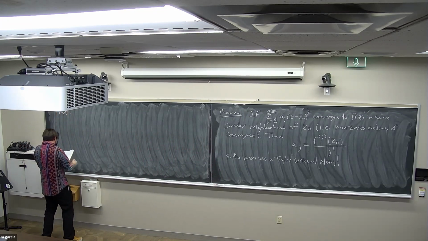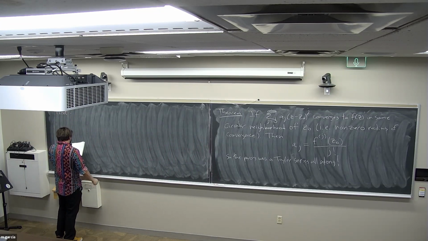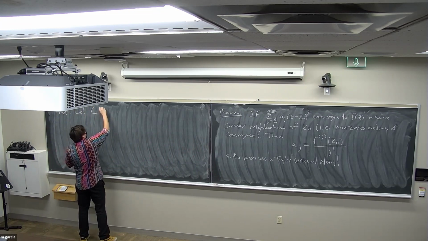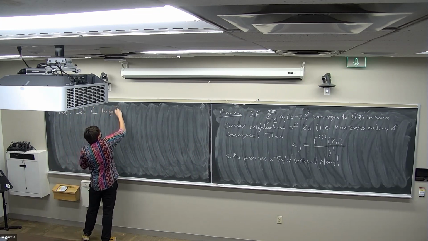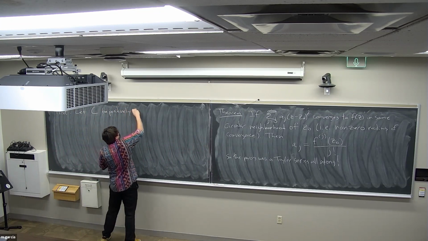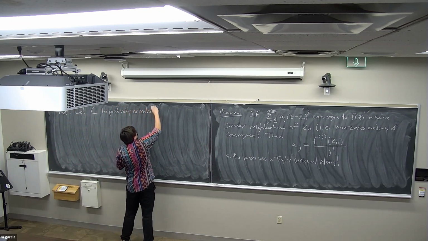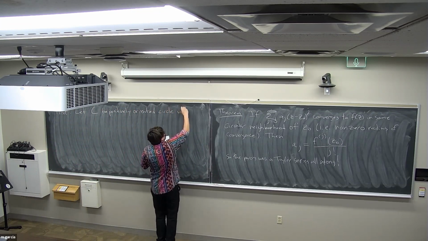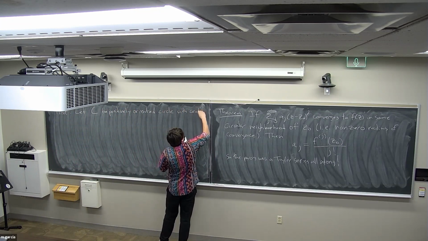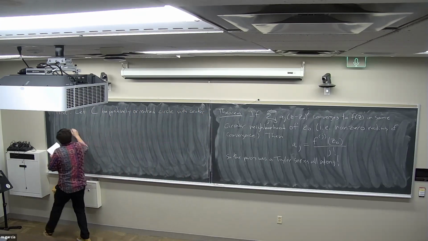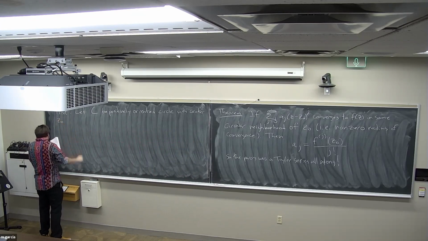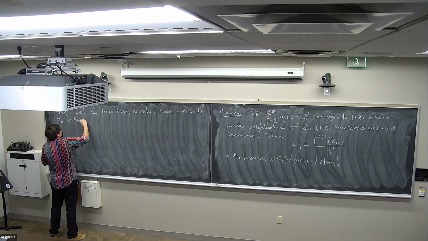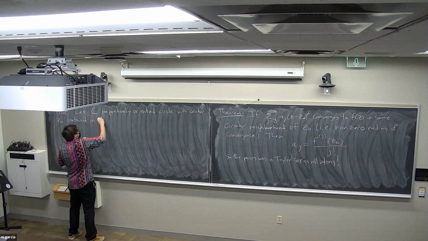Here's the proof. Let C be a positively oriented circle with center z naught, surprisingly, contained in the circle of convergence.